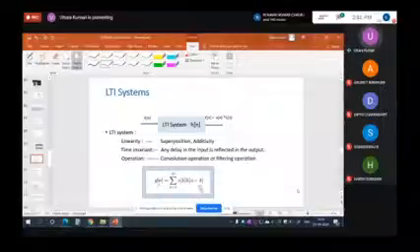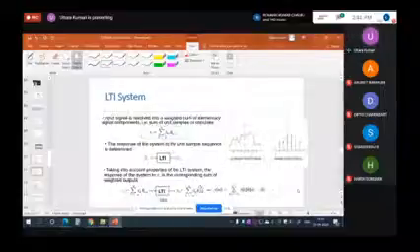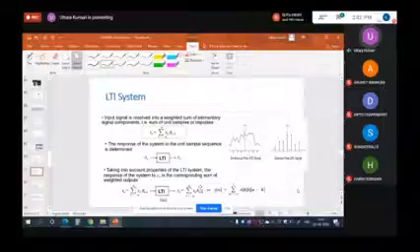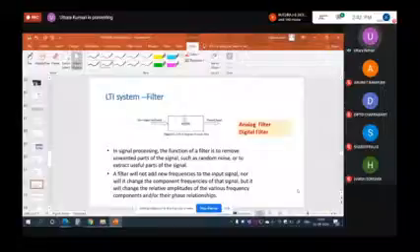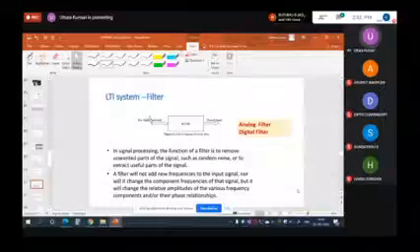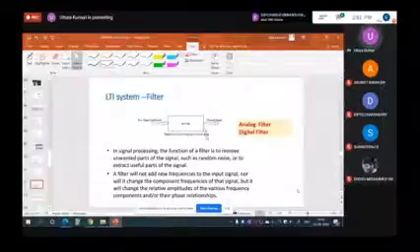We need not spend much time on that. When it is a linear LTI system and the input is a deterministic signal, the operation it performs in signal processing is a filtering operation.